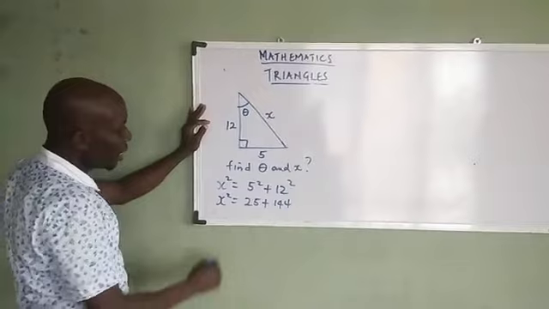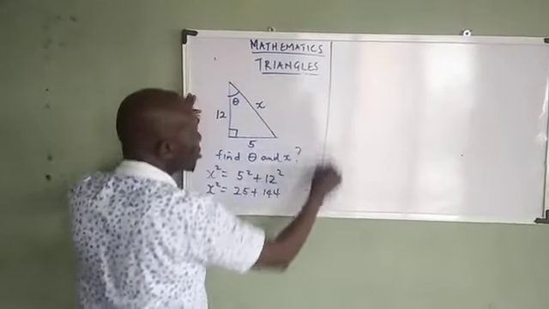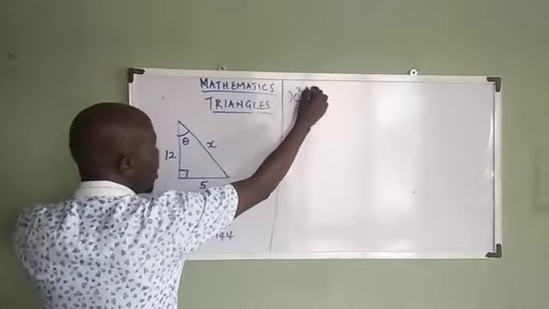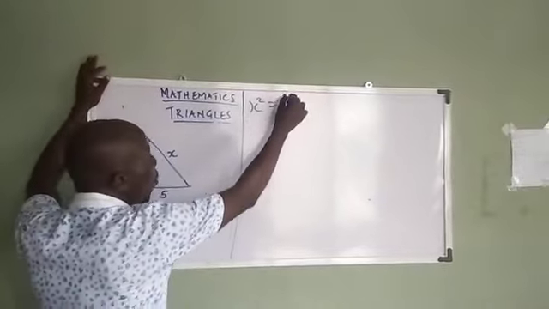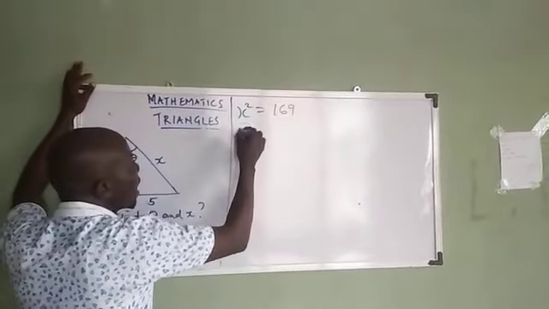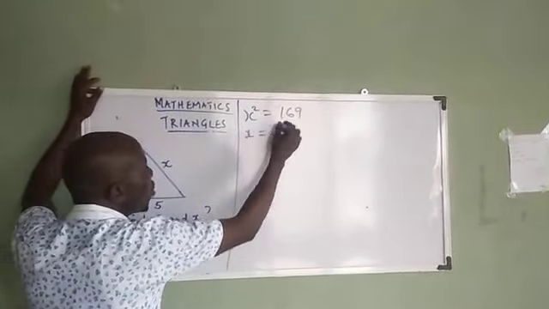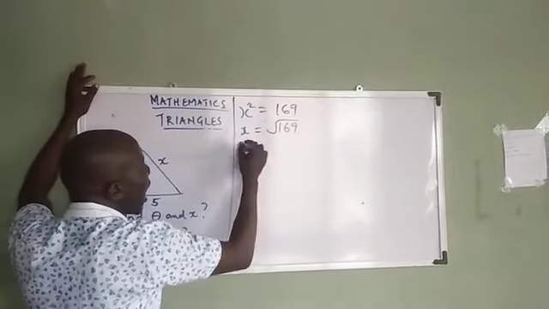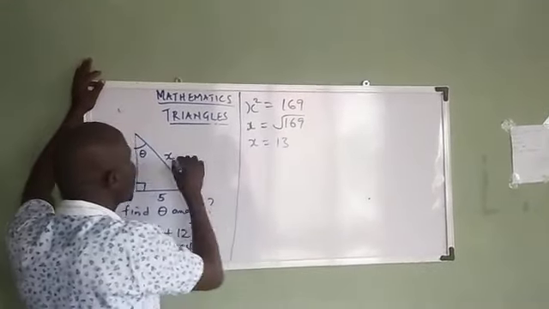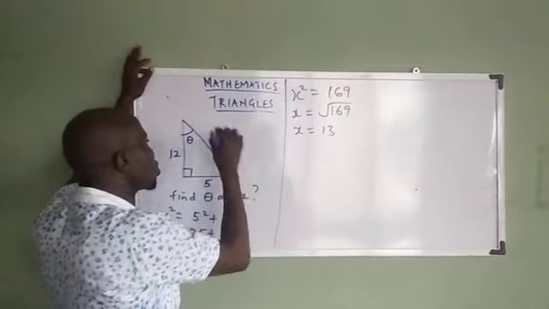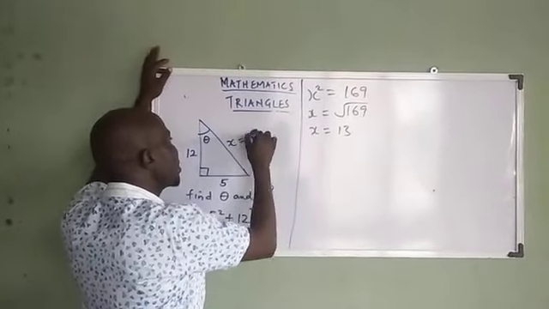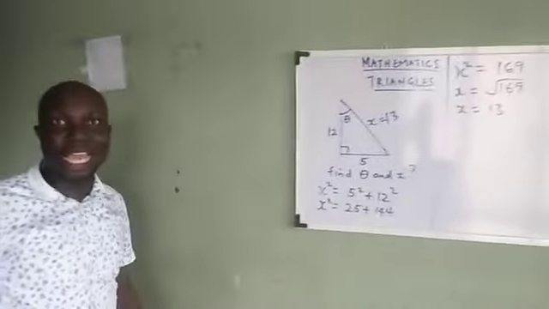Is that clear? So our x squared becomes 169, then x equals the square root of 169, x equals 13. So meaning that this x equals 13. I hope that is clear.